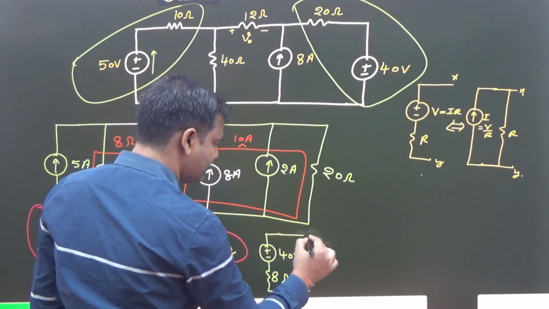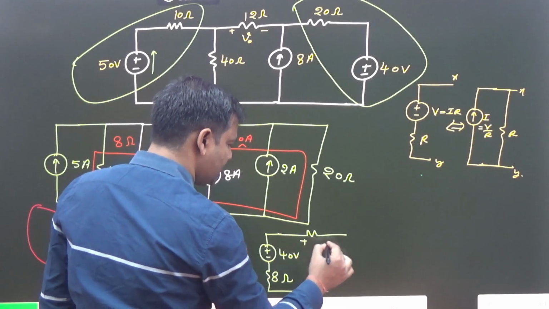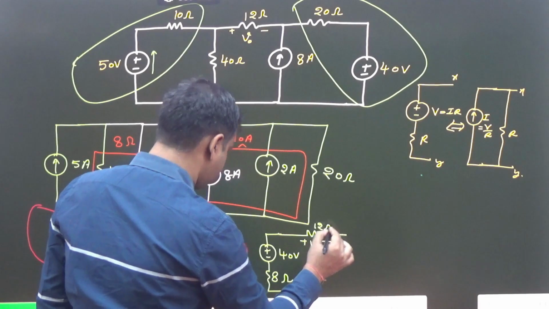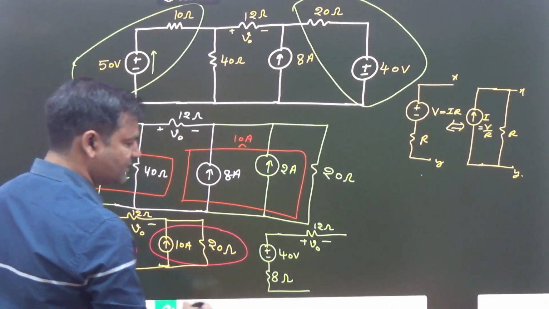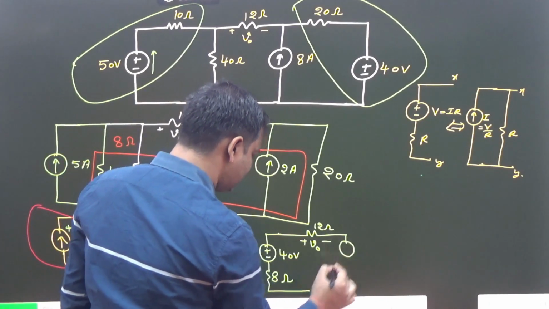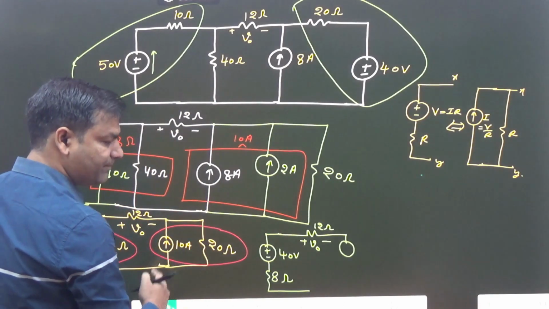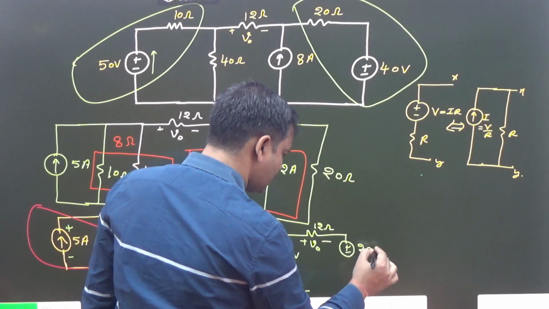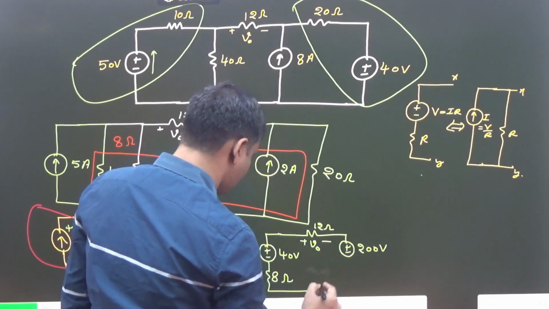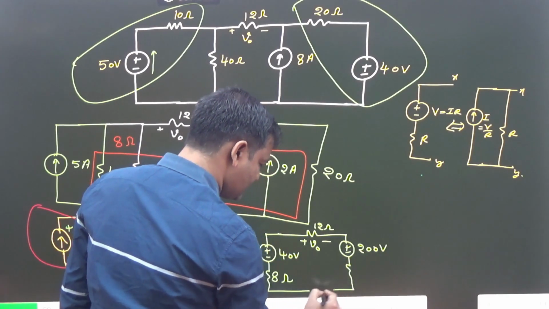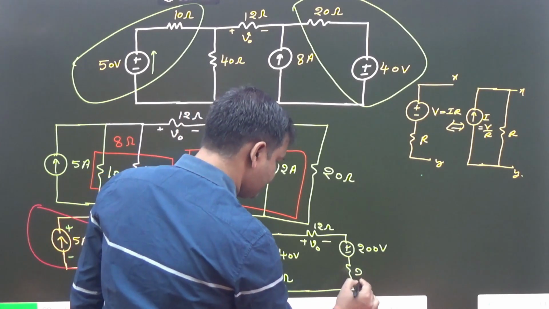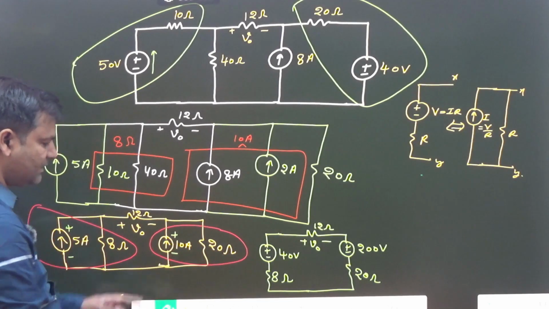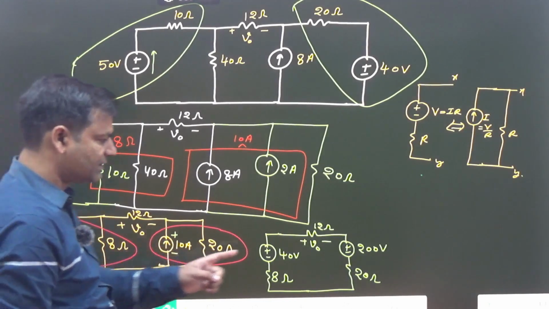And that one is plus-minus V0, that is 12 ohm. And this one, if converted to a voltage source, is written here as 10 into 20, that is 200 volt. And what about the resistance? Then it is 20 ohm. Okay, polarity is decided by current leaving from positive, so that one is positive and that one is negative.